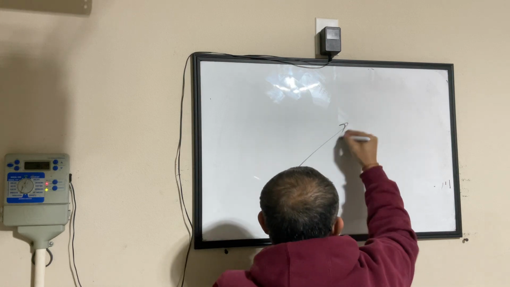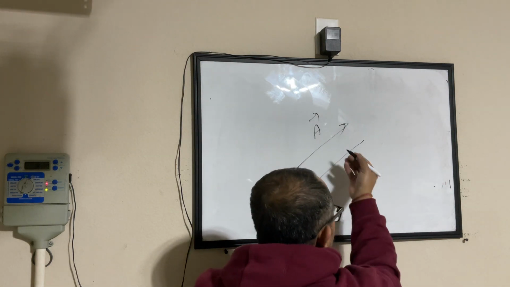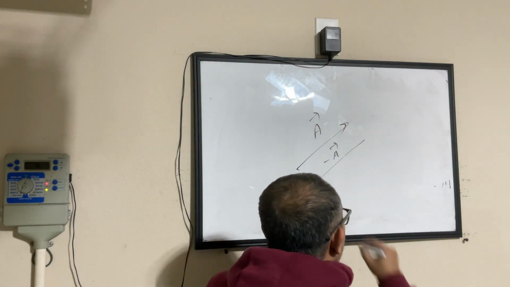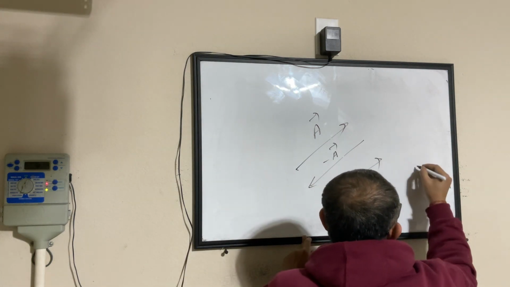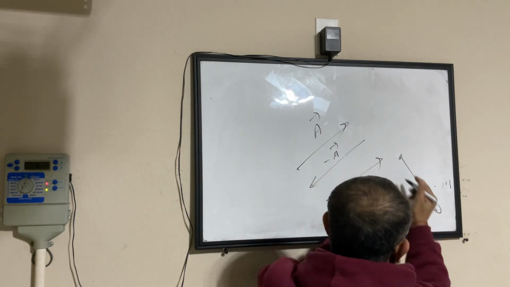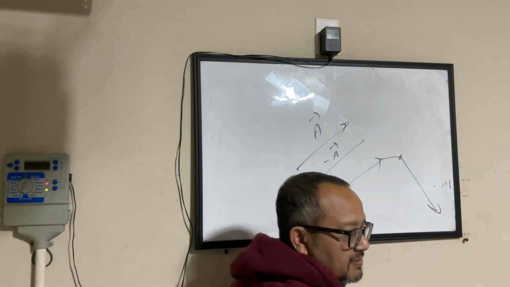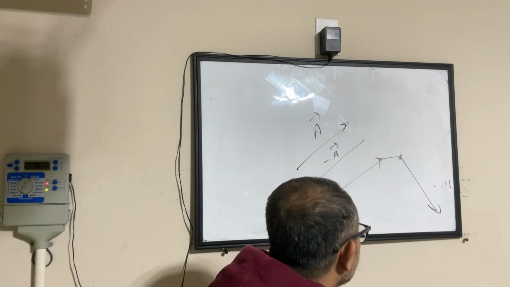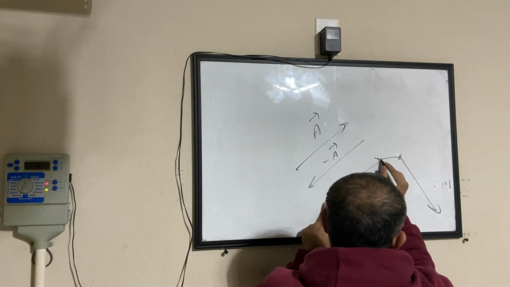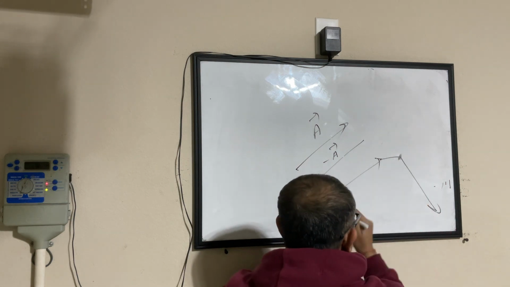If I have vector A, what will be negative A? Same thing. This is negative A. The direction flips. If I have vector A and I have to add another vector B, I will connect the tail of this one and the head of this one, and that becomes my output or resulting vector. Or I will connect the head of this one with the tail of this one by moving it here.